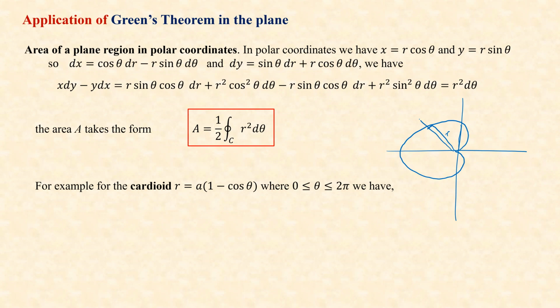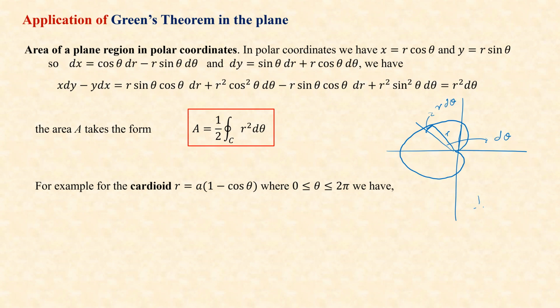It's hard to draw nicely. So if you want to calculate, it's kind of like calculating this triangle. This is base times the height divided by 2. The height of it is r. The base of it is r d theta.